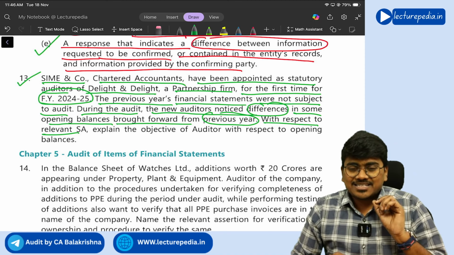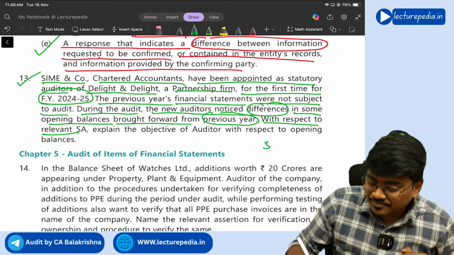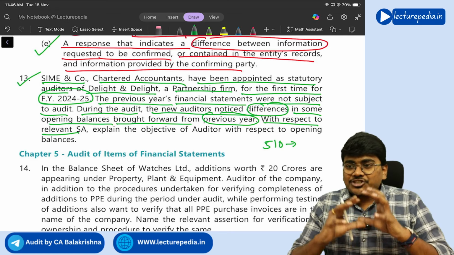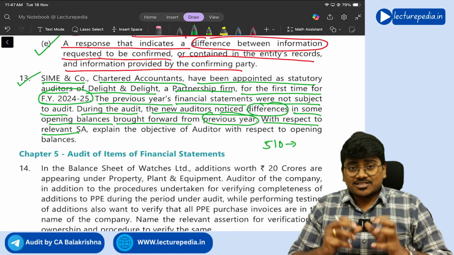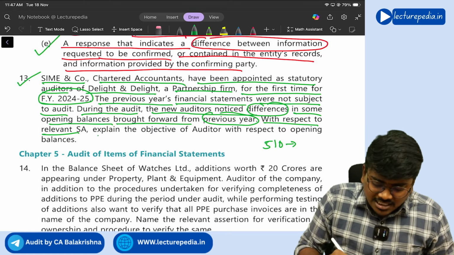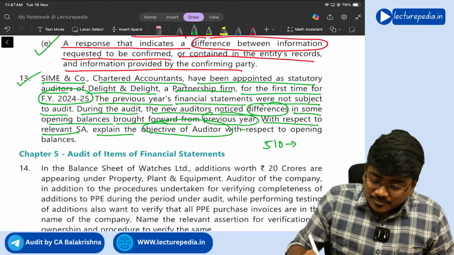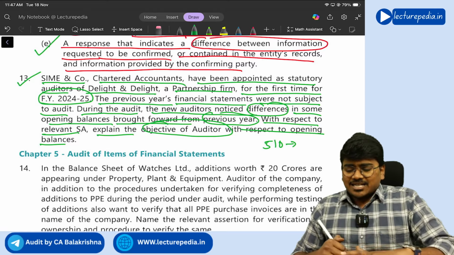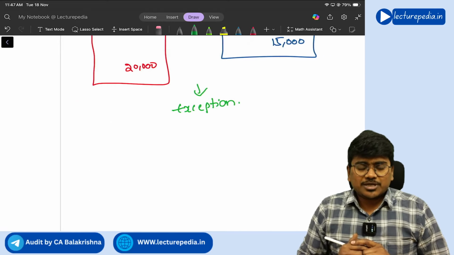Which standard deals with opening balances? SA 510, initial audit engagement opening balances. So as per SA 510, explain the objective of auditor with respect to opening balances.